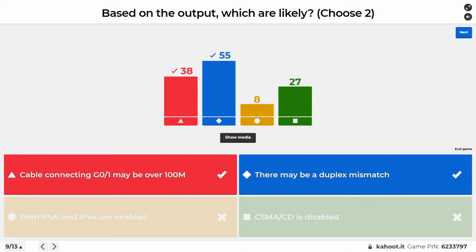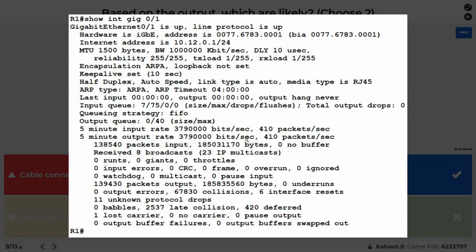All right, based on the output, which are likely: cabling connecting gig 0/1 may be over 100 meters, and there may be a duplex mismatch. What? How can you tell that from this output? I guess the first question is, where do we look? So this is show interface gig 0/1.